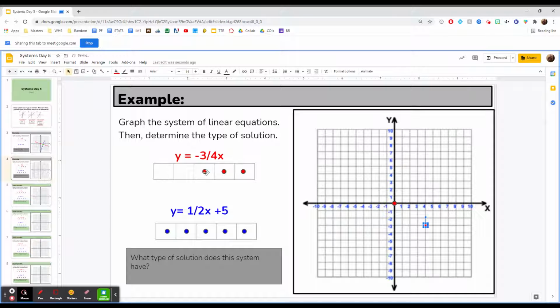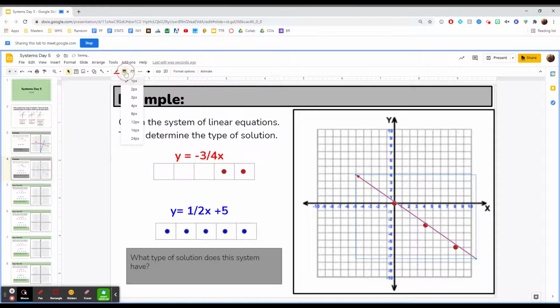From that point, down 3 and over 4. I would not be able to do another one, so that's all I'm gonna do for that one. And using the line tool, I'm gonna create my line. Okay, so that's my line. I'm just gonna change the color and the thickness of the line.